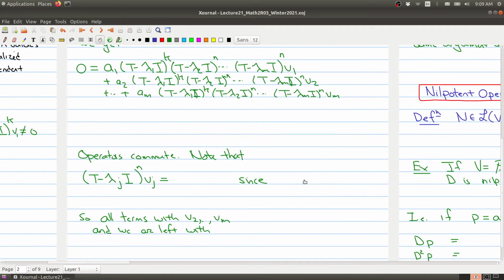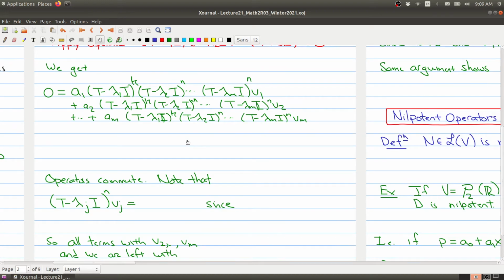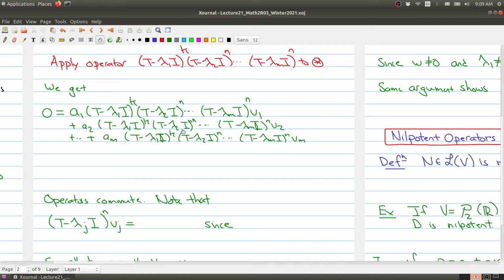Okay, so one of the properties that we have is that these operators commute because they're coming from polynomials. So if I look at the second row right here, I can take this operator involving the lambda 2 and push it all the way to the end. So I can take (T minus lambda 2 I) to the n, applied to v2.